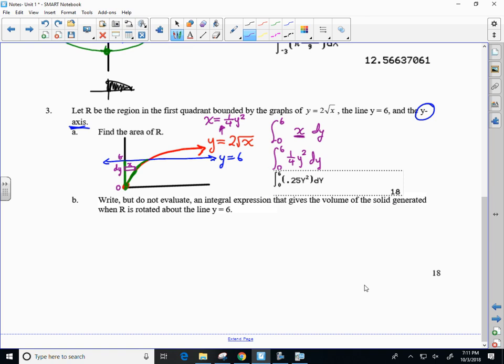So we want the volume of the solid generated when R is rotated about the line y equals 6. All right, so let's get that diagram again. This time we'll do it a little bit better.